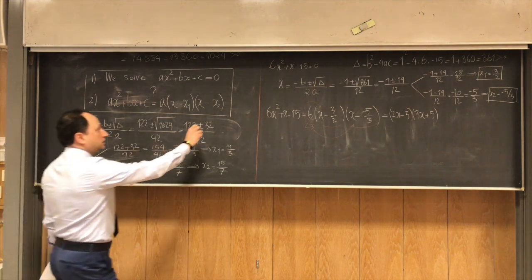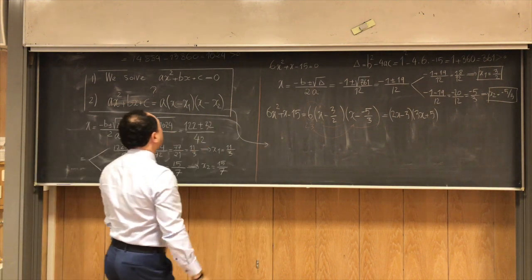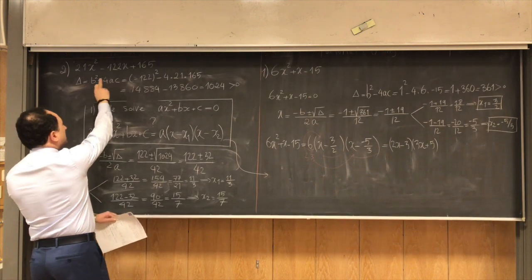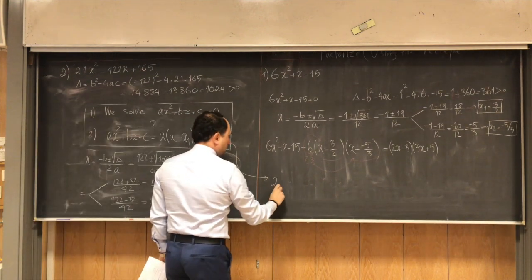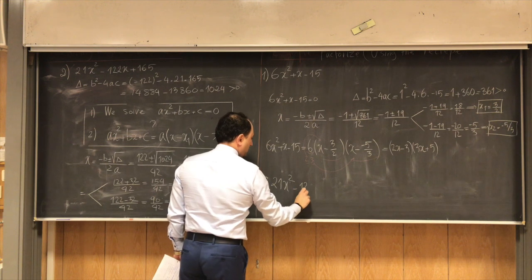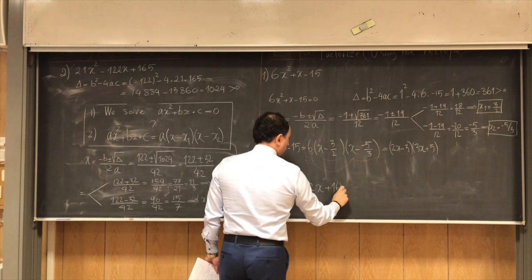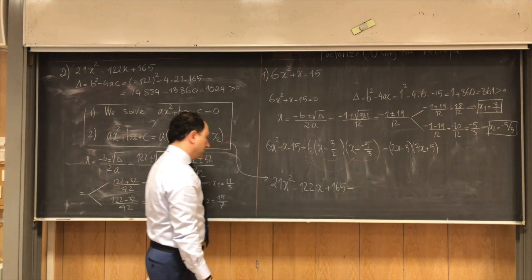Okay, now I can use the formula here. So what I had here, do you remember? 21x squared minus 122x plus 165 is equal to.